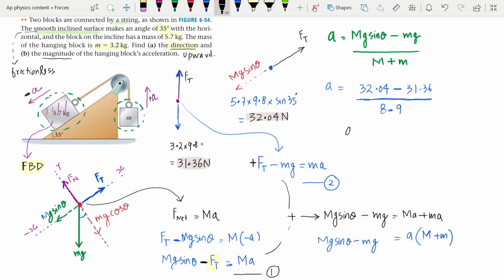So our answer is approximately 0.08 meter per second squared, which is a very small value, because the difference of these two forces is not large. That's why the acceleration is small. Now, not only is the hanging block accelerating with this value, but this 5.7 kg block is also accelerating, but that acceleration will be a negative value, and this must be positive.